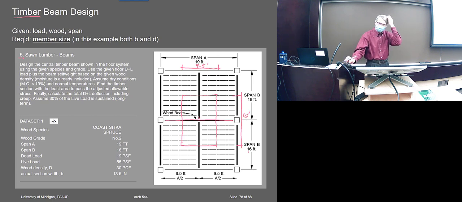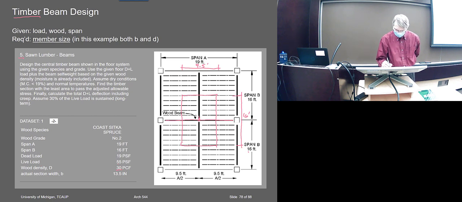So we got a tributary area of 9.5 times 16, and it's going to have a point load at the middle. It's got its own dead weight on it, which may be worth considering because it's going to be a pretty big member. It's got a wood density given, so I guess we will calculate the dead weight.